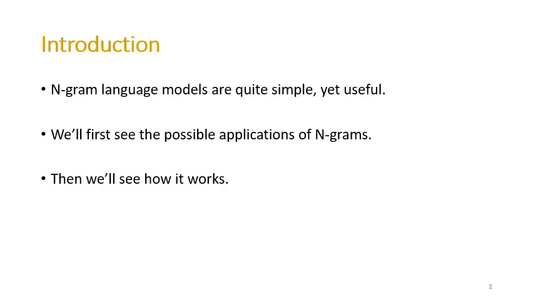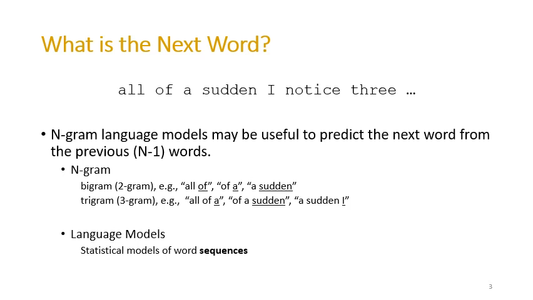So as I said before, n-gram language models are actually quite simple, yet useful. In this presentation, we'll first see the possible applications of n-grams, and then we will see how it works. So think about it.